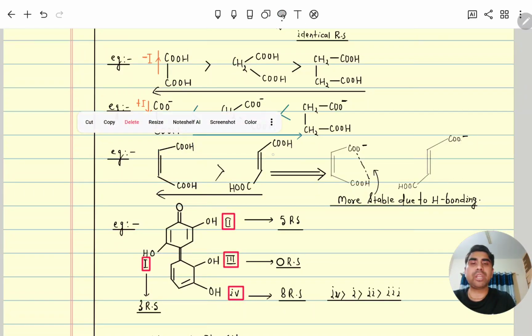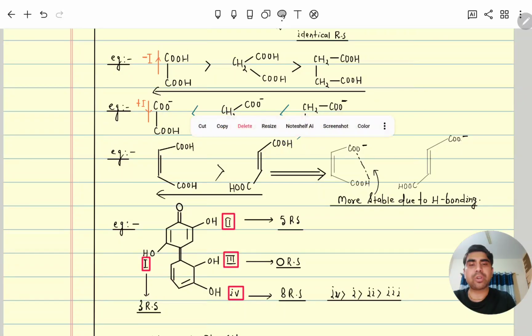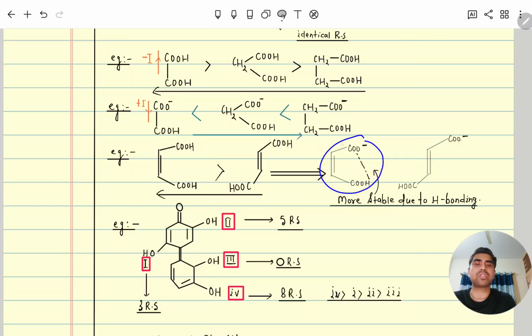In malic acid, its conjugate base cannot do hydrogen bonding, but in fumaric acid, the conjugate base, with its C double bond O minus, can do hydrogen bonding, which means it is relatively stable. Clear? So this is more stable because its conjugate base is more stable due to intramolecular hydrogen bonding, hence its acidic strength is more.